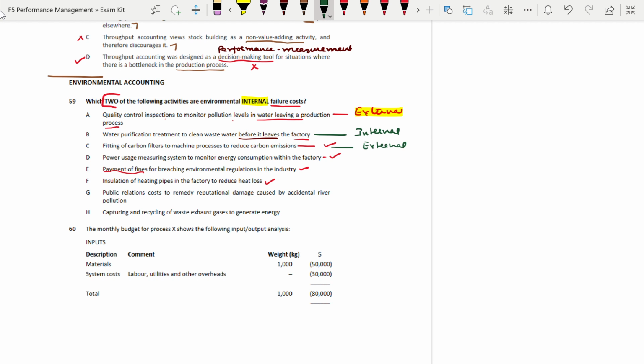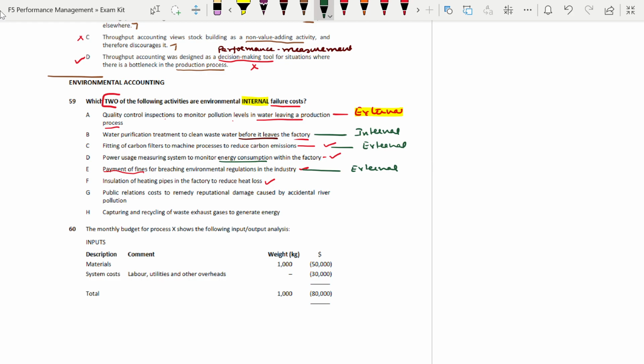Water purification to clean waste before it leaves the factory. Payment of fines for breaching environment regulations, this is external failure cost.